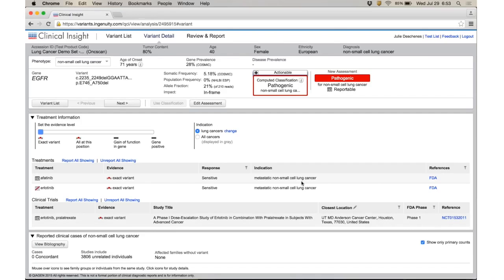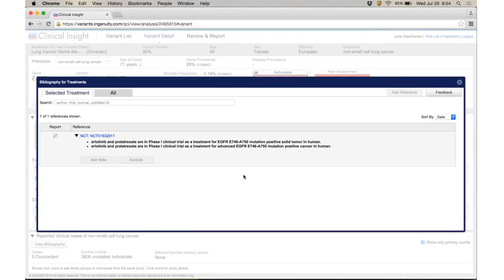You have the study title where the trial is currently happening. So this one is in the United States, in the state of Texas. It's in phase 1. And you can even link to the finding and how we curated the information and see the clinicaltrials.gov. If I simply click on the blue line, it brings me to the bibliography that we have for that specific trial.